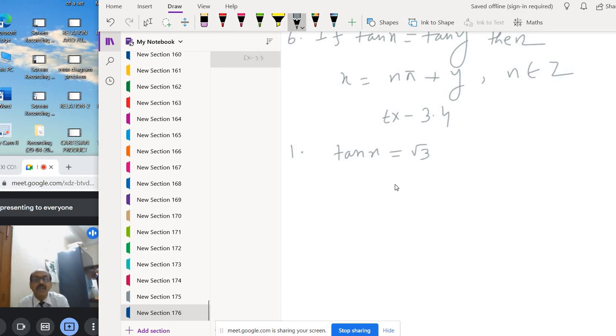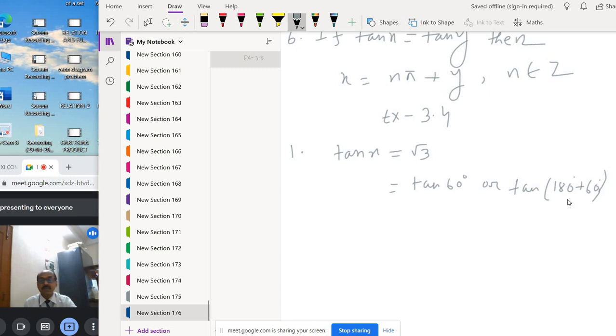In the third quadrant, tan is positive. So we can write tan 60 degree or, third quadrant means pi plus, that means 180 plus, tan 180 plus 60. These two are same. Tan 60 is root 3 we know, and tan 180 plus 60 also root 3.